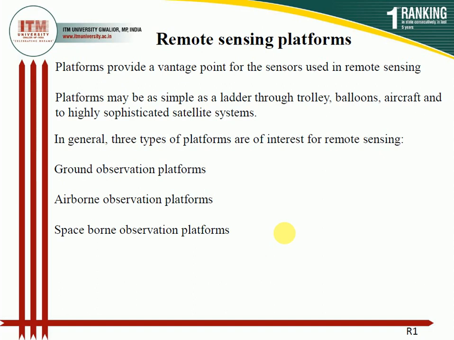The airborne platforms are basically of three types: low altitude, medium altitude, and high altitude airborne platforms. They help in taking pictures of a particular object from a particular distance. The low altitude platform can look at the object from an area greater than 50 meters.